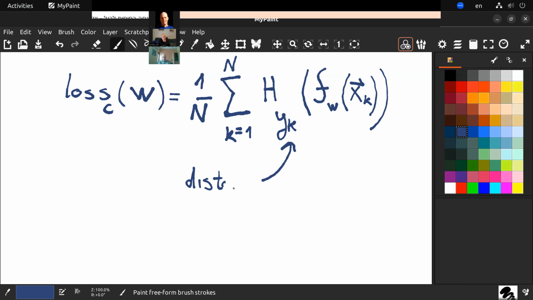Distance between YK, which is the probability, actually a deterministic probability, and this, which is not deterministic, the output of my neural network or my function, on XK.